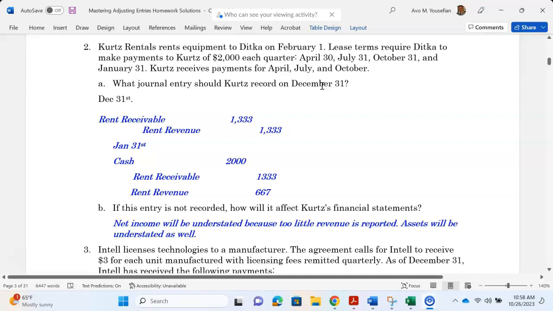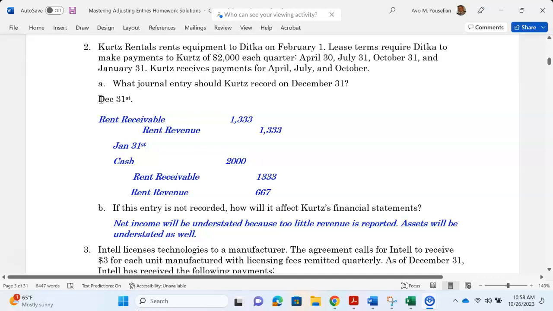So you got paid until October 31st. But November and December is accrued already, but you didn't get paid because you're going to get paid in January, right? So 2 months is accrued, but is not paid yet. So you have to say, okay, $2,000 times 2 divided by 3, 2 months out of 3 months, that's $1,333.